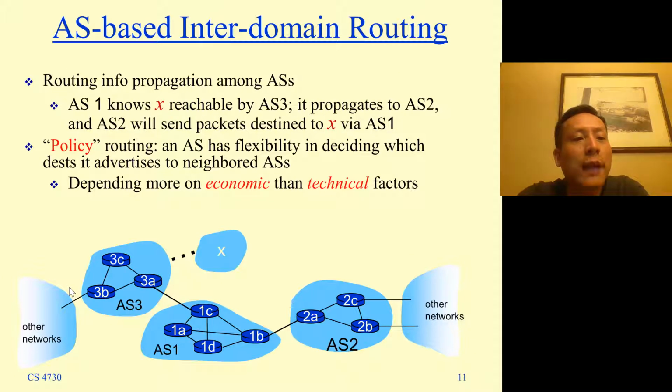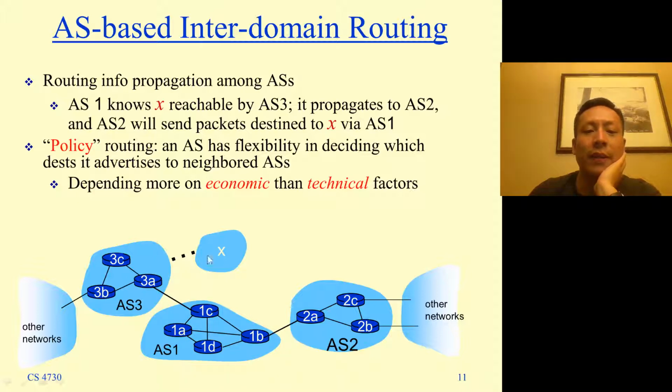We know that to handle interdomain routing, we need an interdomain routing protocol, right? The autonomous systems have to exchange information. For example, for X, AS3 has to tell AS1 that AS3 can handle X for AS1.